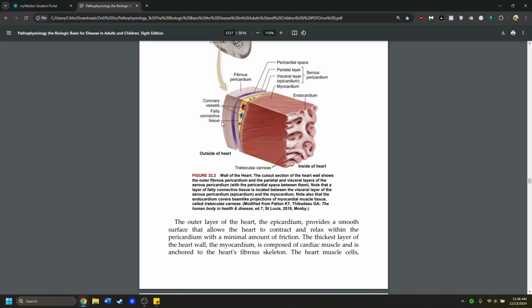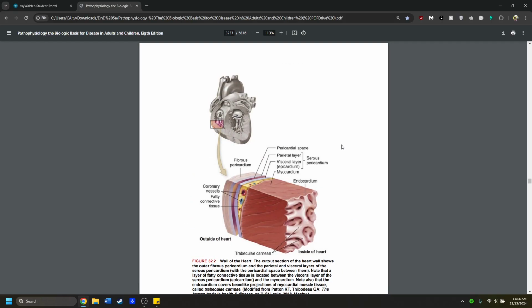So, taking a look at just, I guess, a section of the heart, we'll see that there are coronary vessels, fatty connective tissue on the outside of the heart, as well as fibrous pericardium.